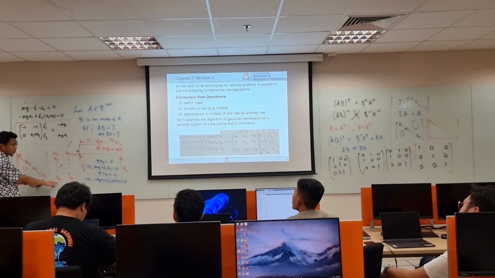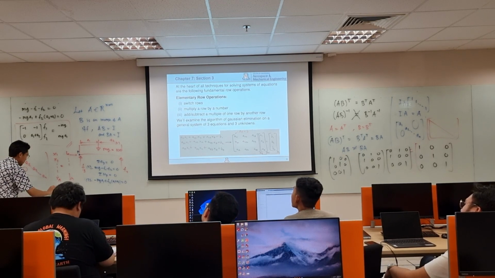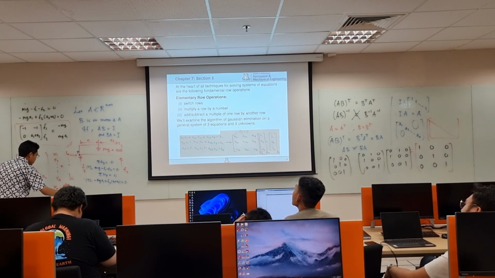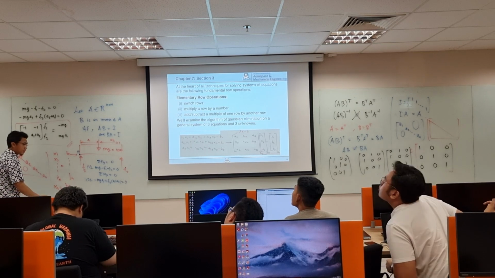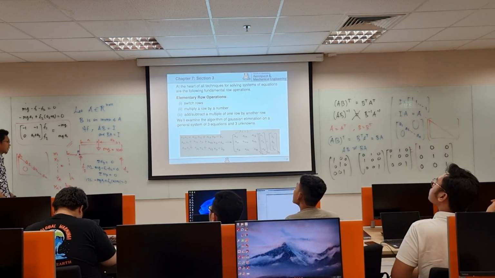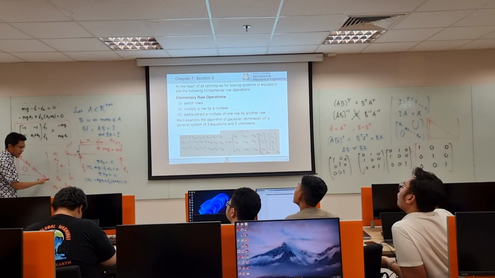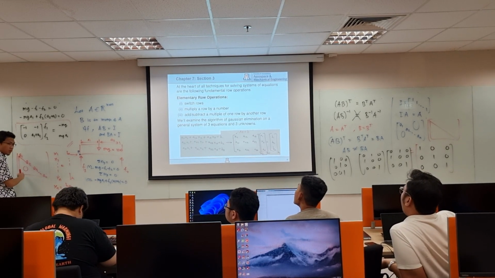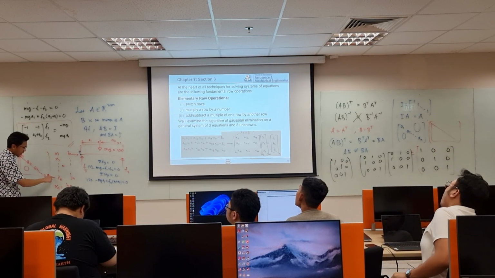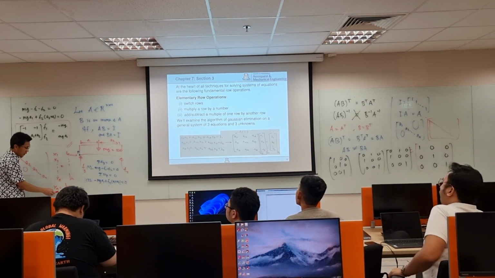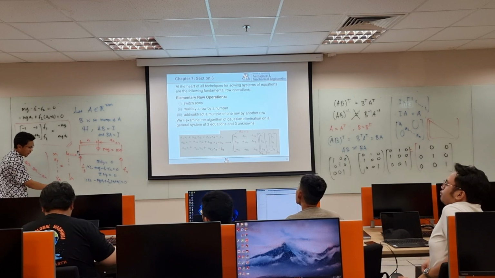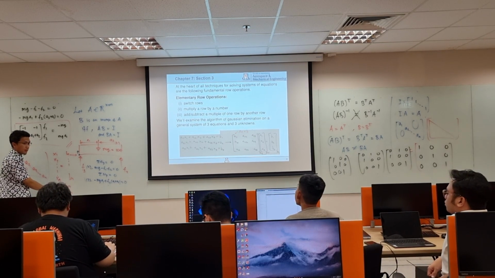How do we get xn here? For the last equation, because the rest are all 0, it's just an times xn equal to bn. So you get xn by dividing bn by an.